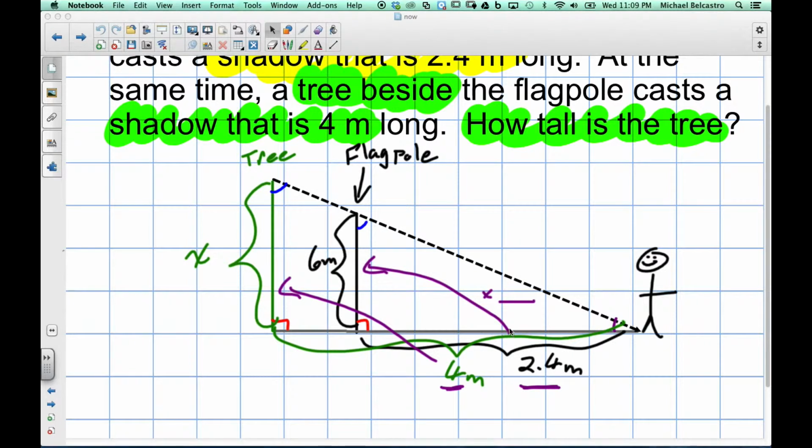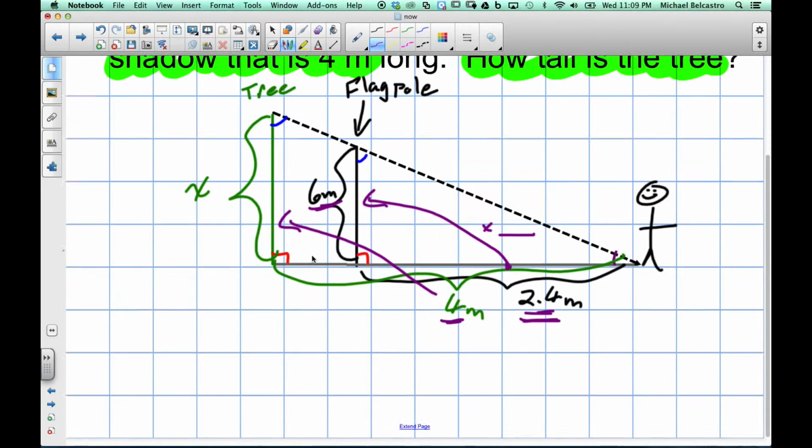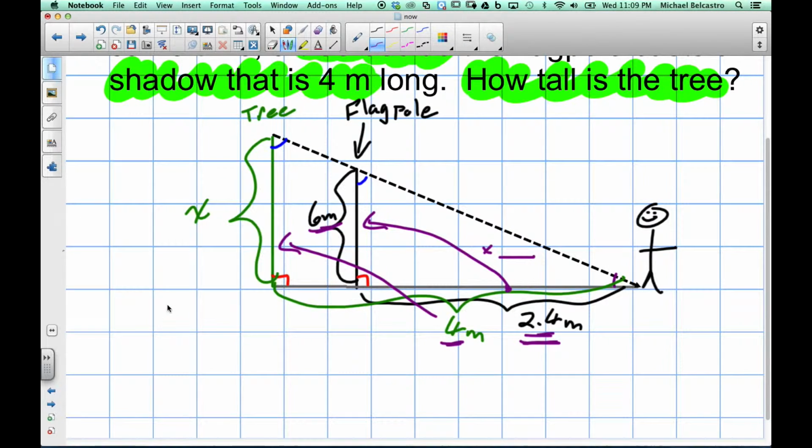With our arrow, we take the larger value and divide by the smaller value, and it'll tell us what factor we're increasing by. We take our ending number, which in this case is 6, and divide by our start number, and that'll give us our rate. So our ending is 6 and our start is 2.4.